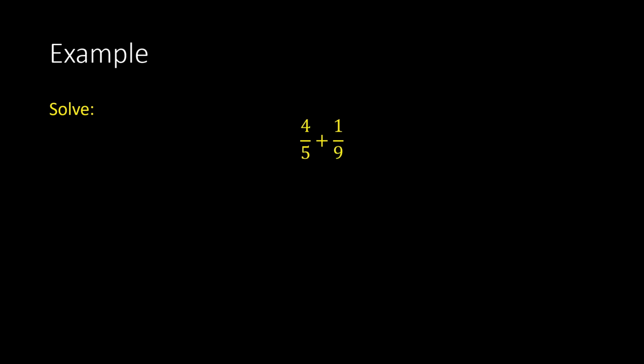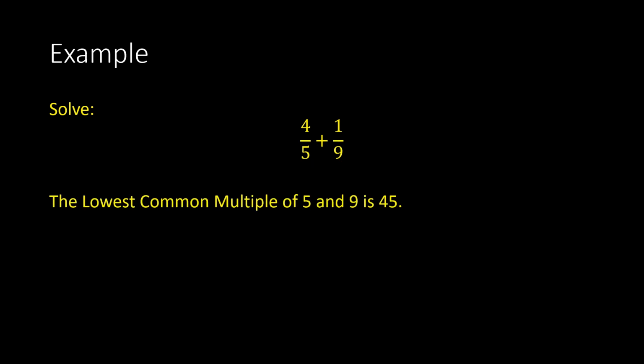Now let's add two different fractions. Again, convert the fractions so the denominators are the same. The denominators are 5 and 9, and the LCM, or lowest common multiple, of 5 and 9 is 45. So we multiply the numerator and denominator of 4 over 5 by 9.